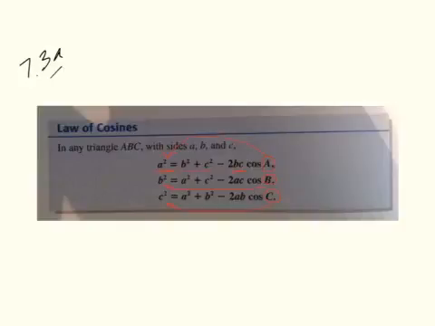Notice also this right here. We have b squared, and here we don't have any b at all. So we've got a squared plus c squared minus 2ac cosine of B. We don't have any lengths that are b or anything that has to do with b until there.